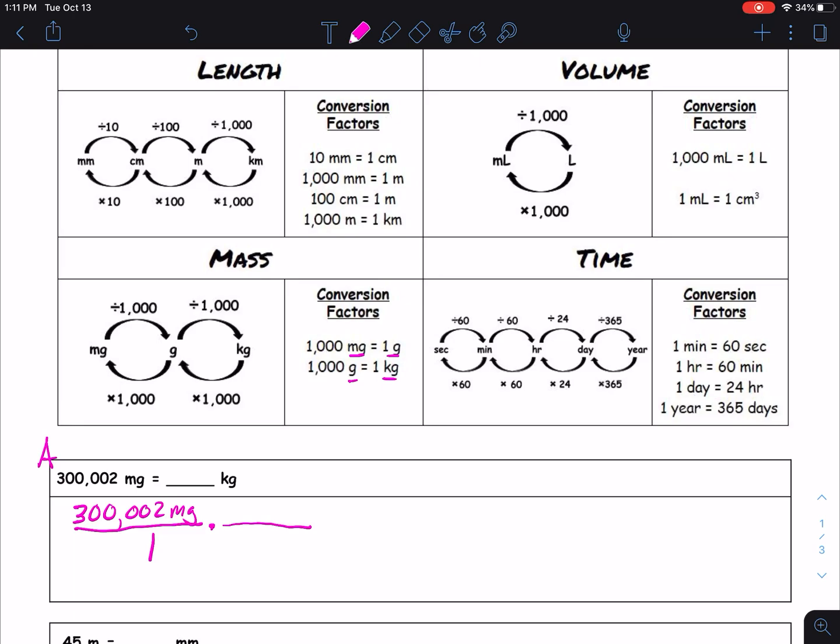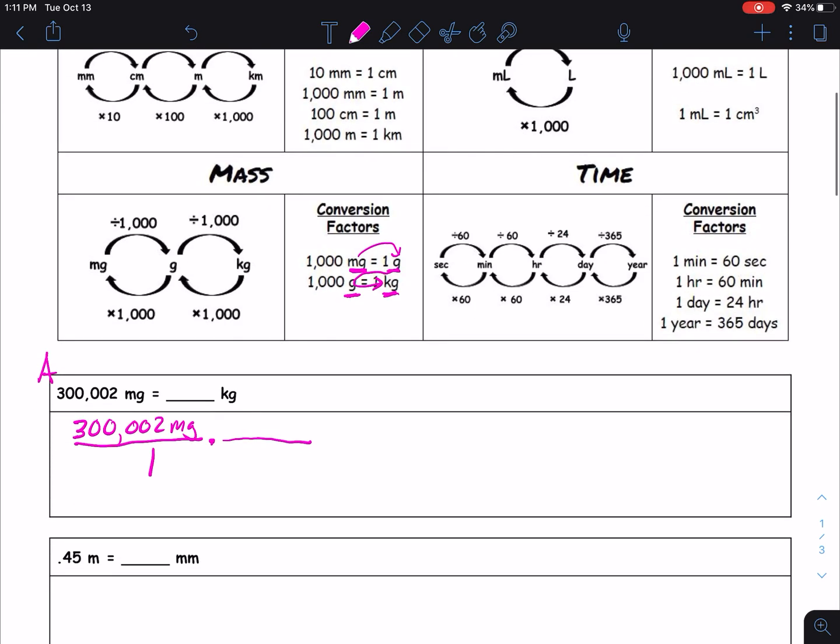So what we're going to be doing is converting milligrams into grams and then grams into kilograms. That's how you've got to look at it. I know I can go milligrams to grams, well, then I know I can go over to kilograms. That's the path you have to find. When you're working with two-step unit conversions, you have to find a path.